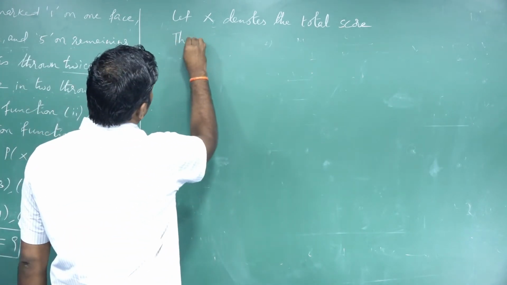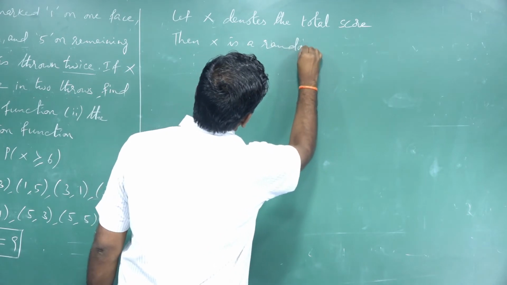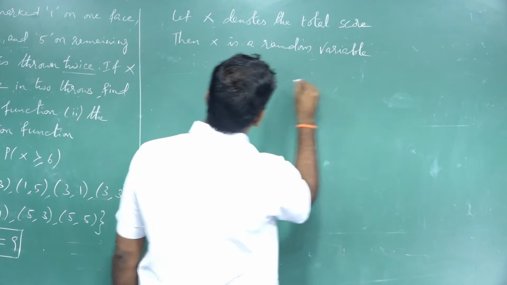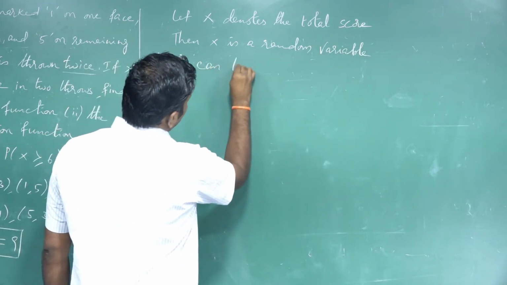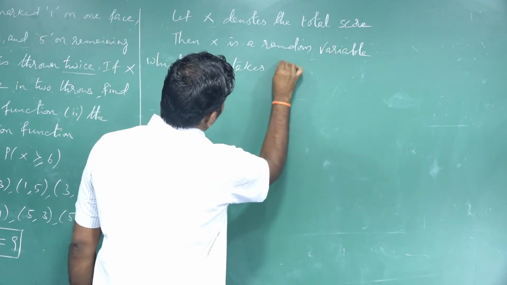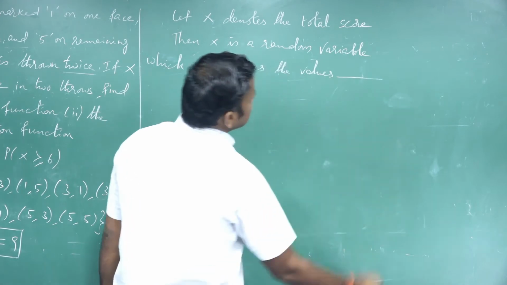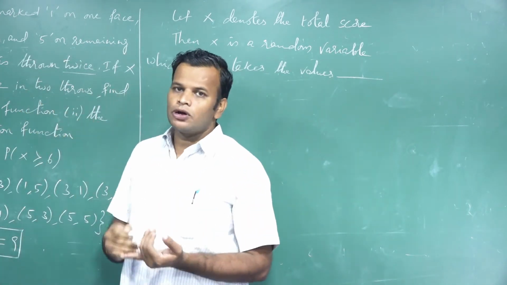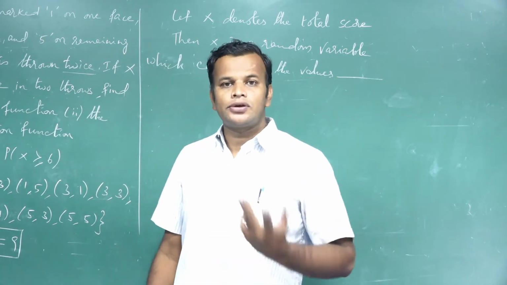Then X is a random variable which can take the values. We already told that the values of the random variable are very important in the probability mass function and cumulative distribution function. Where X denotes the total score.